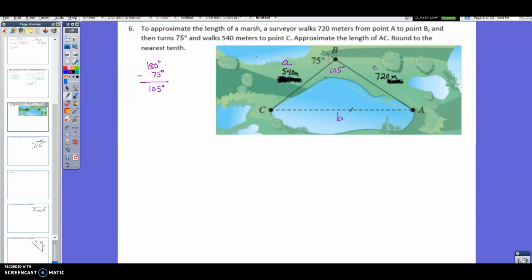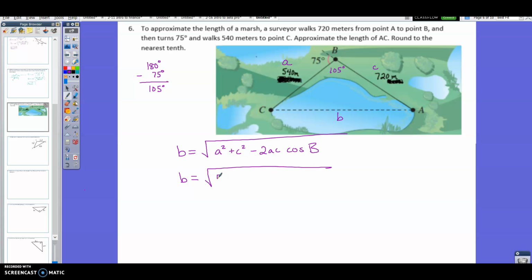So what we're looking for here is side B, and we have a side-angle-side. So we want to use the law of cosines. We get the law of cosines formula for side B, and now we can plug everything in.